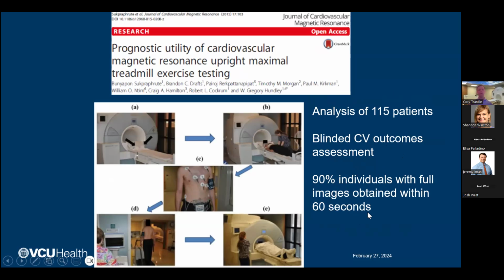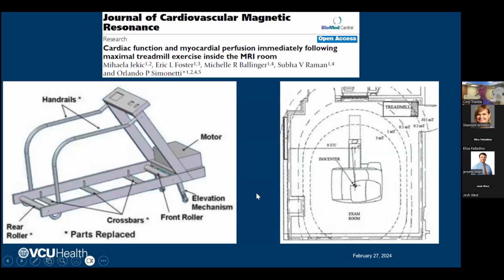So the more experience they got as a unit, the more quickly they were able to achieve their imaging protocols, and comfortably within the 60-second time limit that is typically recommended for maintaining adequate sensitivity to detect signs of ischemia.